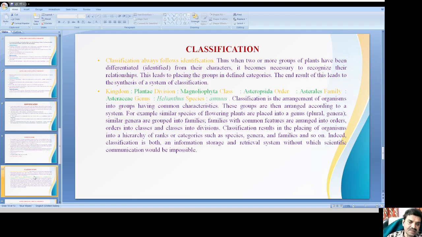Recently, from 1998, another system of classification has come into the plant taxonomy domain, which is called APG. APG has four successive editions: APG1, APG2, APG3, APG4. This APG system, or Angiosperm Phylogeny Group, is an informal system of classification comprising the contribution of different plant taxonomists around the world.